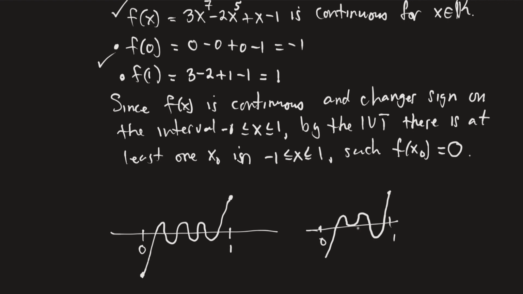So again, it would have multiple ones, but even if it touches it, we know that it has to do something at least like this or like this once in this interval because of continuity. Because once we start drawing and we have to go from this negative value to this positive value, I am not allowed to have holes or jumps or vertical asymptotes. So in that smooth continuous motion, I have to cross the x-axis at some point, right?